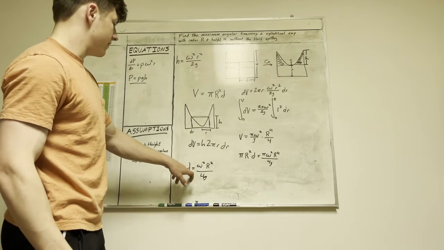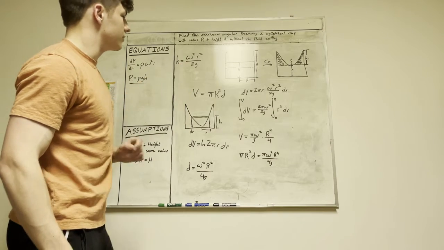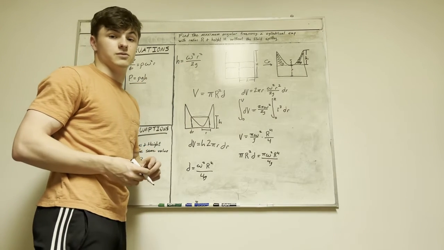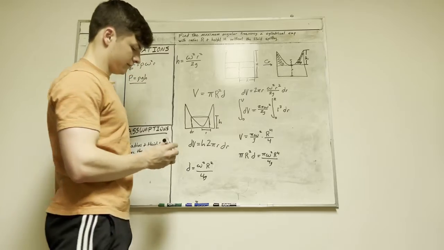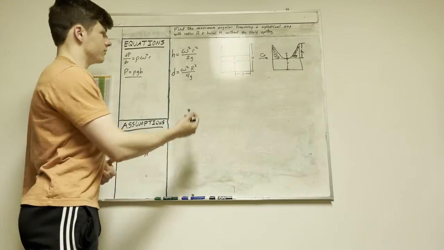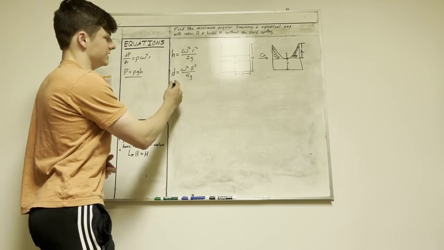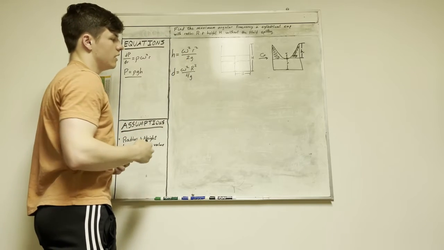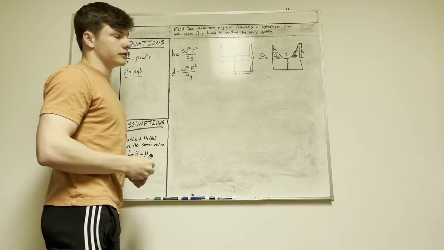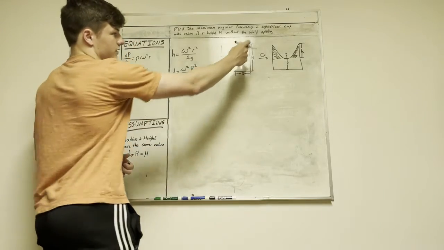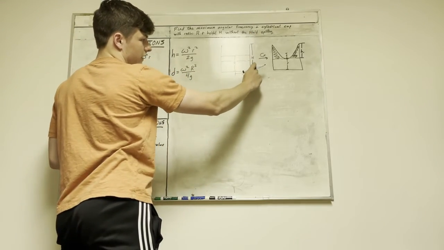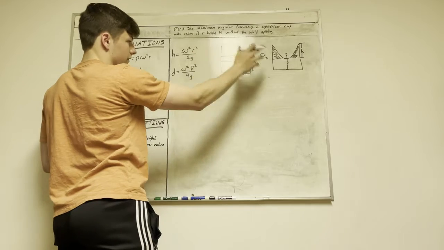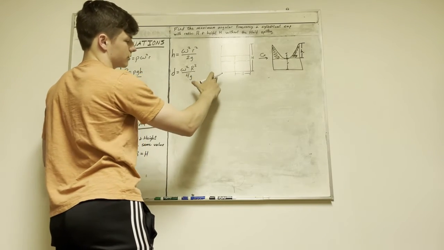So then now that we have this and this, we are getting closer to solving for our maximum angular frequency. Now that we have our value for the dip, and our height at any radial coordinate, we can then solve for our angular frequency. But first, we're going to solve for this h value here, this not volume, but rather the height of this cylindrical cup.